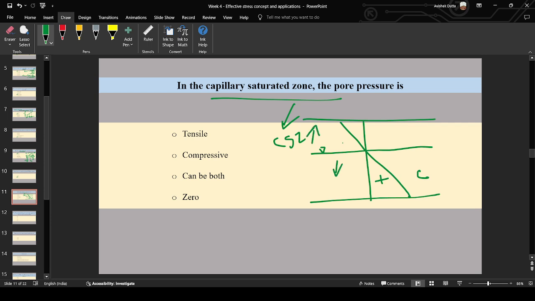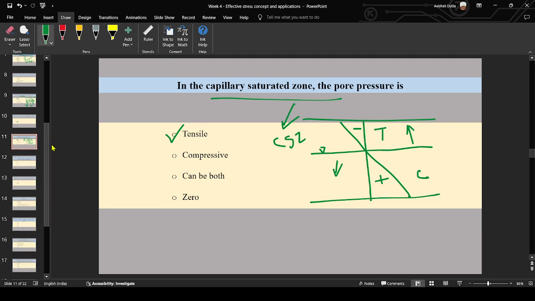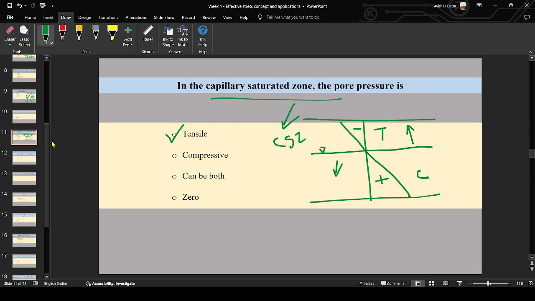Here the force is acting outwards, it is tensile. Here the force is acting upwards, which is negative, as I said, it is also tensile. So in the capillary saturated zone, the pore pressure is definitely tensile, and below the groundwater table, a compressive pore pressure can be observed. So in the capillary zone, the pore pressure is always tensile. Okay. Next question.